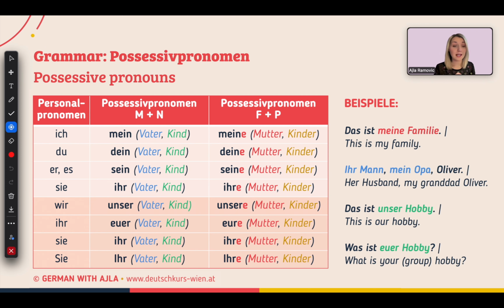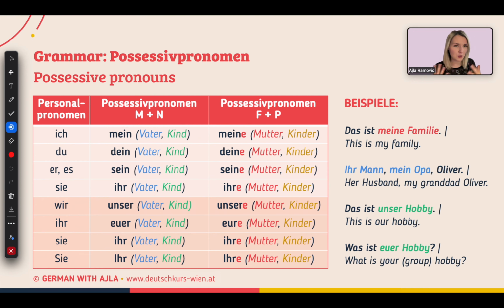When you want to say that something belongs to a female person, you will use ihr or ihre, but if you want to say that something belongs to a male person, then you would use sein und seine.